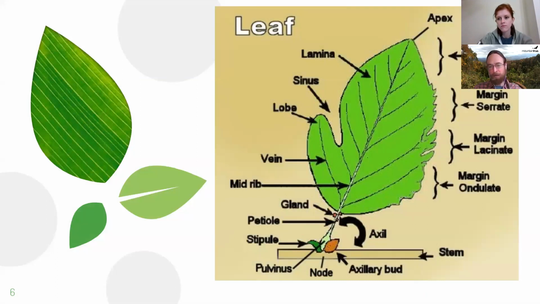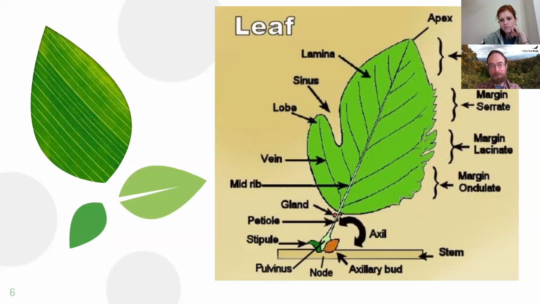If you go through tree identification books, there will be different terms for the type of margins that there are. So sawtooth type leaves are going to be called serrate. If you have really big teeth, they'll be called coarsely dentate. Laciniate would be another one for deeply toothed leaves. And undulate would be for a margin that is wavy, not really sharply toothed, but wavy.